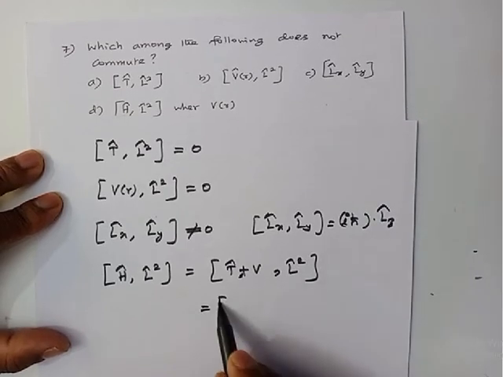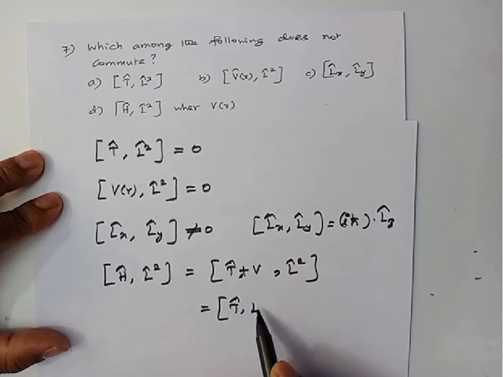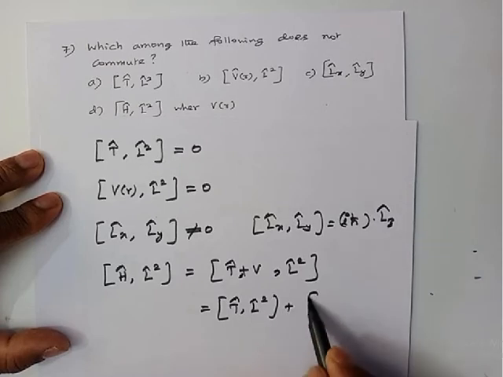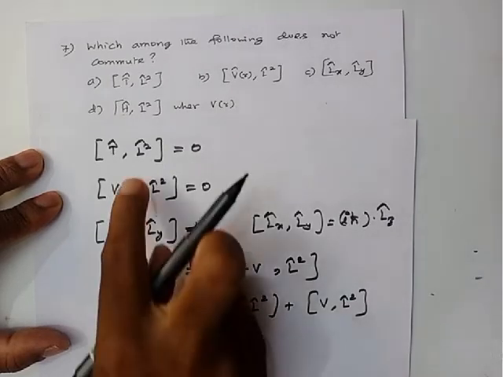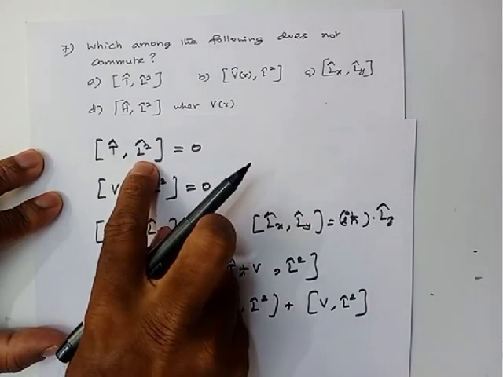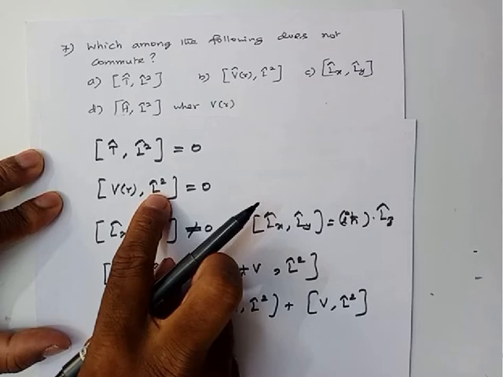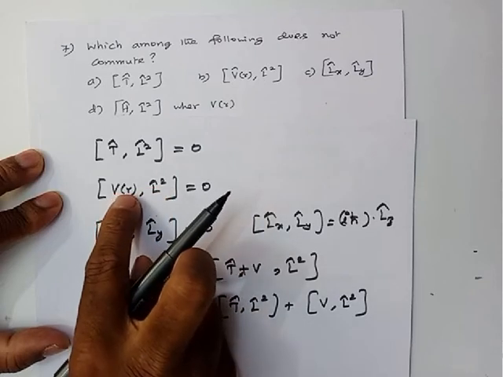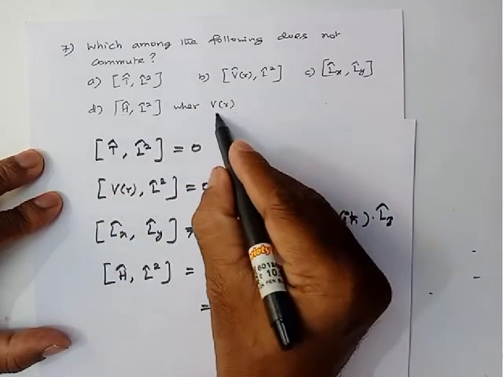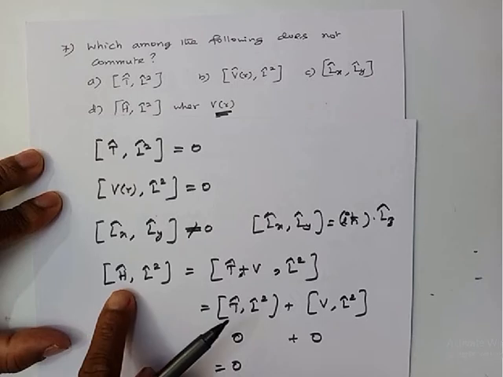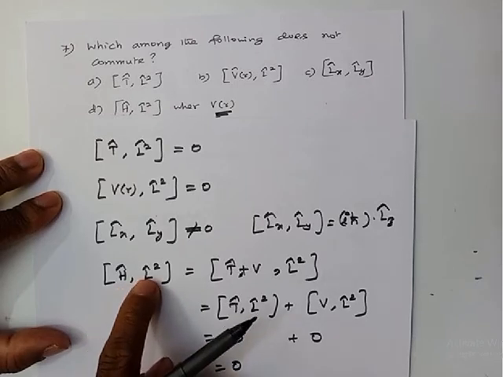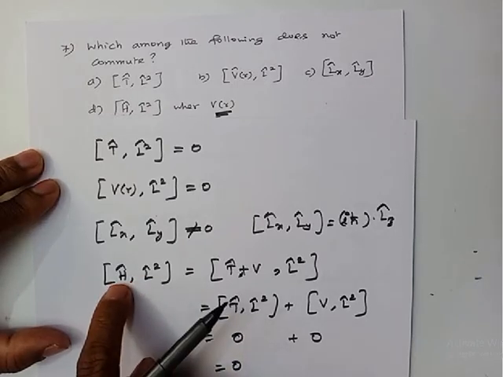You can separate this into two: kinetic energy, comma L square, plus potential energy, comma L square. Kinetic energy commutes with L square, and potential energy also commutes with L square if potential energy depends only on R. Yes, it is given clearly that potential energy depends only on R. Therefore, this will commute, this will also commute. So it means the Hamiltonian operator commutes with L square if potential energy depends only on R.